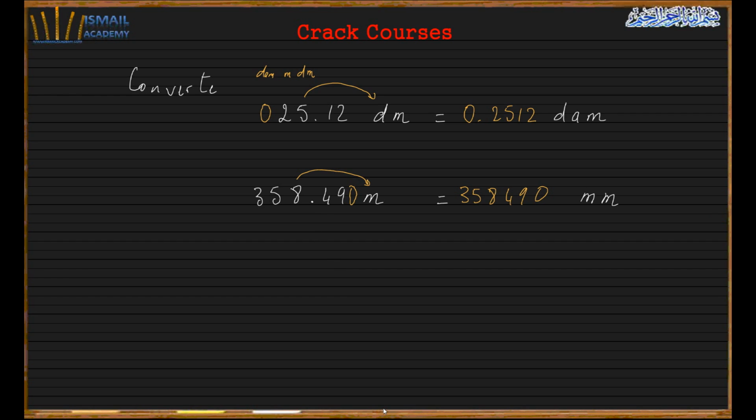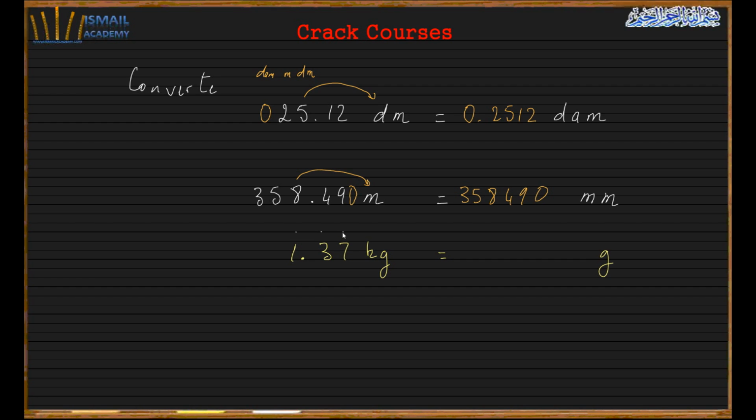The same idea if I have, for example, 1.37 kilogram, and I want to convert it to gram. What I need to do here is just read the position. This is my kilogram. What's after kilogram?